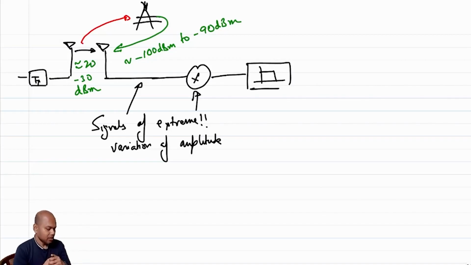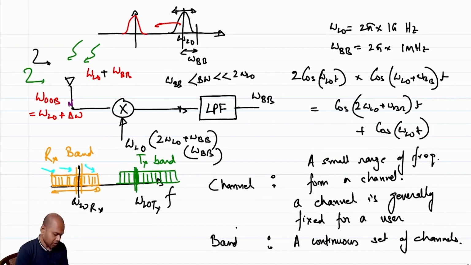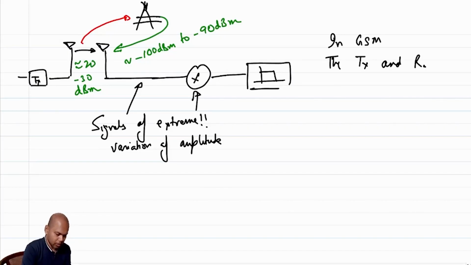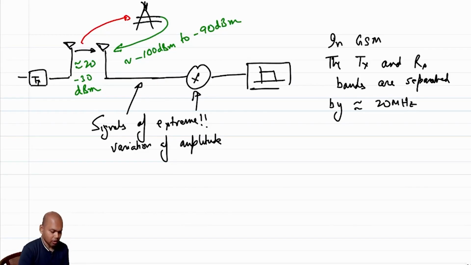So what I mean by that, the example that I took here, is the separation of the RX and the TX band. Typically I can give you an example. In GSM, the TX and RX bands are separated by approximately 20 megahertz and located around 1 gigahertz, right?